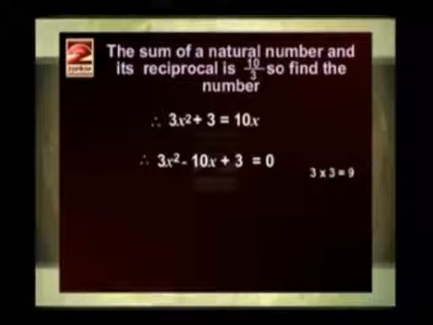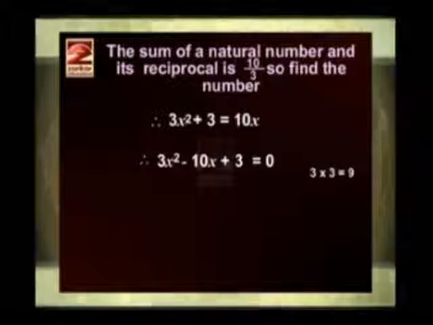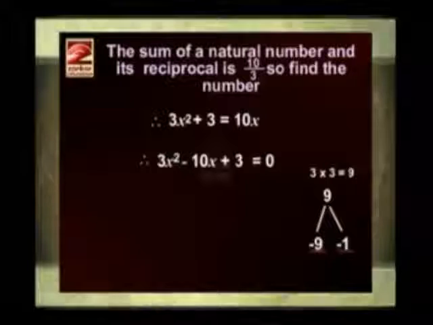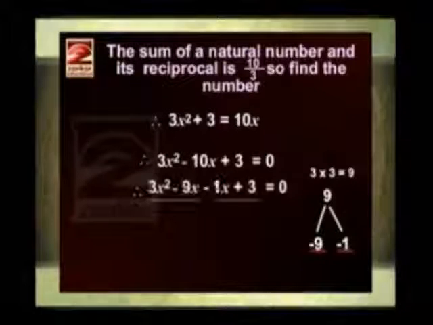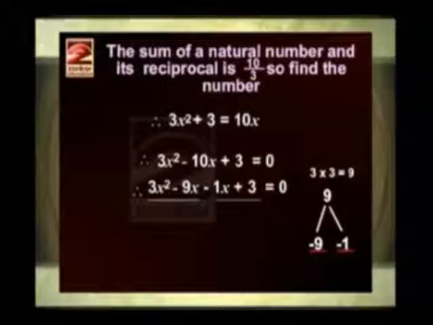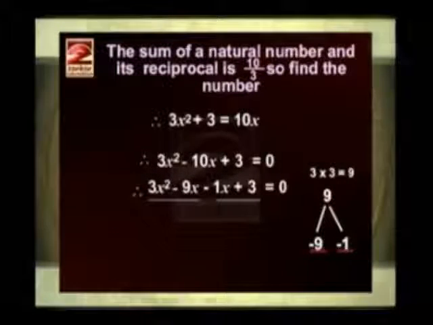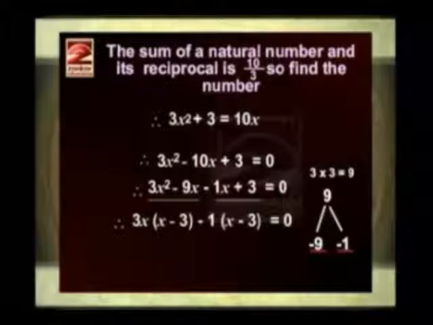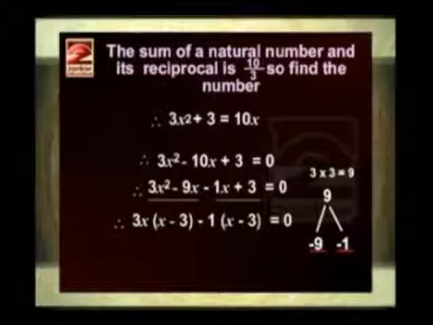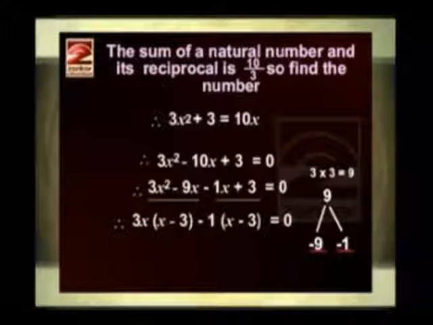Now 3 into 3 is 9. So by splitting the middle term, we get the factors minus 9 and minus 1. Therefore, 3x square minus 9x minus 1x plus 3 is equal to 0. Therefore, 3x into bracket x minus 3 minus 1 into bracket x minus 3 is equal to 0.